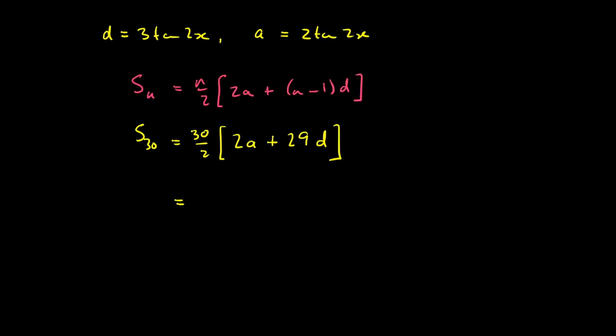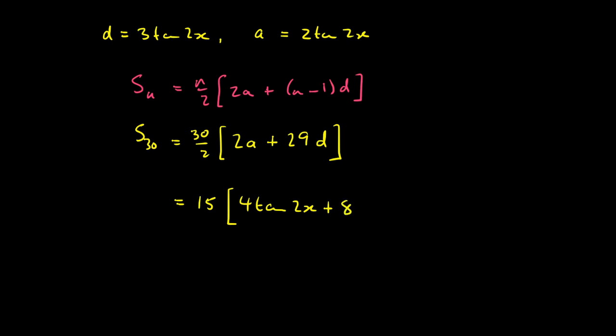So 30 upon 2 is 15. So we've got 2 times a, so 2 times 2 tan 2x. That's a lot of 2s, isn't it? So 4 tan 2x plus 29 times d, with d being 3 tan 2x. So what's 29 times 3? Well, 30 times 3 is 90, minus 3 is going to be 87.